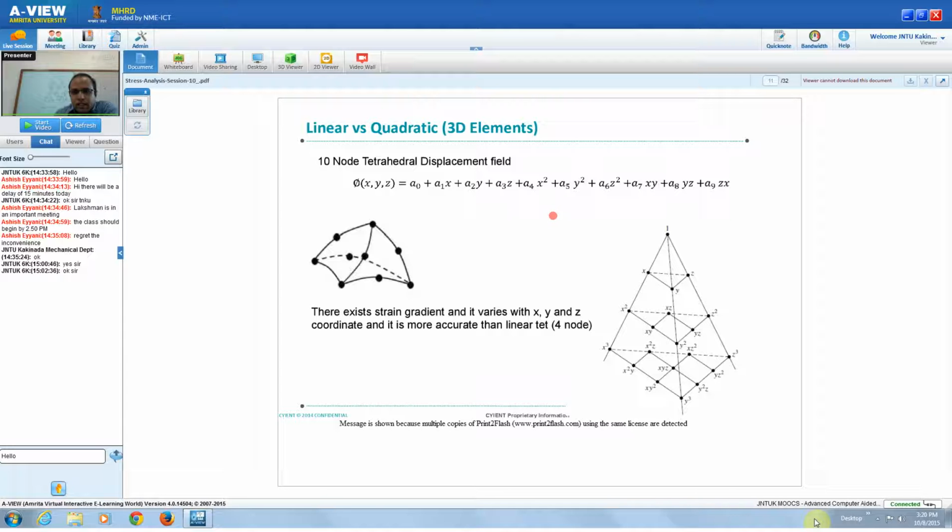When you differentiate with respect to x, y, z, we'll get strains, and there exist strain gradients here also, and that will give a solution very near to the actual solution for the strains. So these tets are pretty good for stress analysis compared to linear tets.